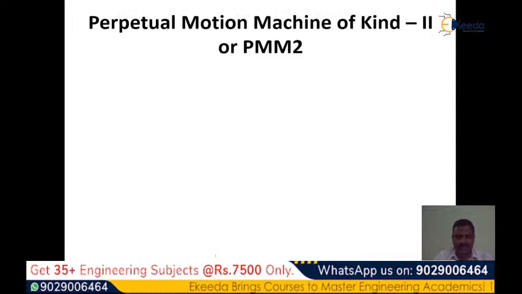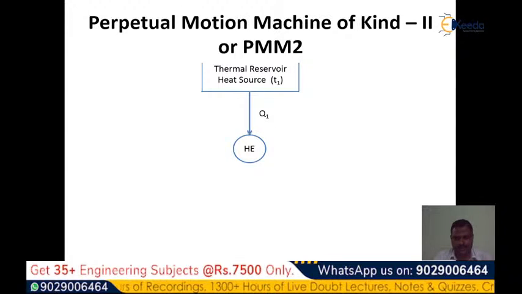Now I will discuss exactly what this perpetual motion machine of kind 2, or simply PMM2, is. This is the violation of the second law of thermodynamics, that is the Kelvin-Planck statement. Here this heat engine receives Q1 amount of heat from the high temperature thermal reservoir or heat source, and converts the complete heat into work without rejecting heat to the low temperature reservoir or heat sink.